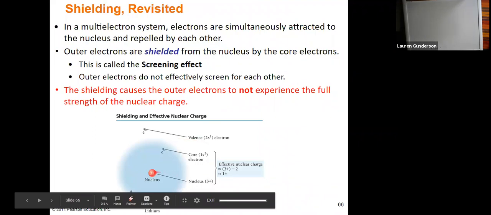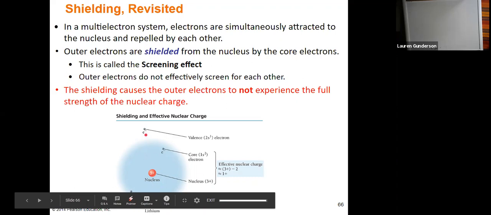Here we have this 3+ nucleus, and we have the 2 core electrons inside of the blue mist that's supposed to represent the inner electrons. And then we have our valence electron outside.